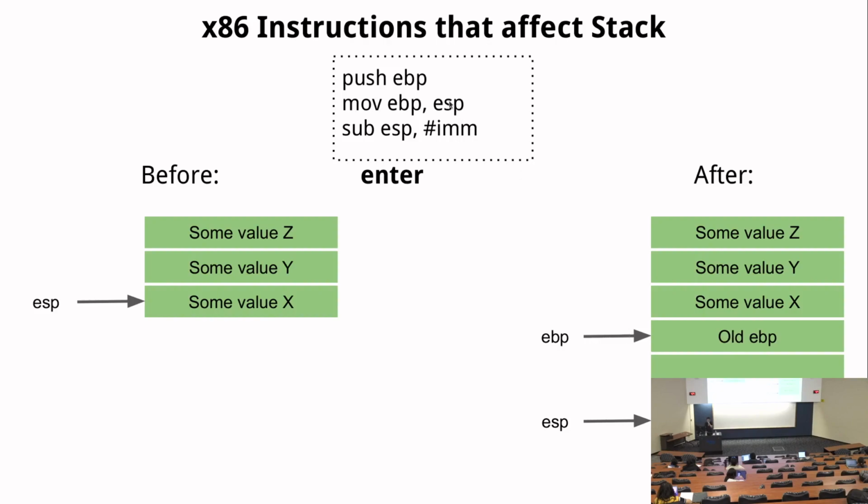Then we move ESP to EBP, so the register EBP's value is updated, and ESP still points here. Then we just subtract some immediate number from ESP. EBP still points here, and ESP will point to a lower address. A lot of functions do this at the beginning.